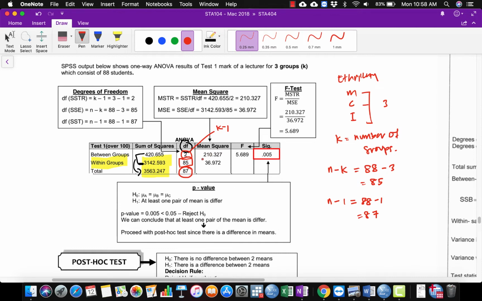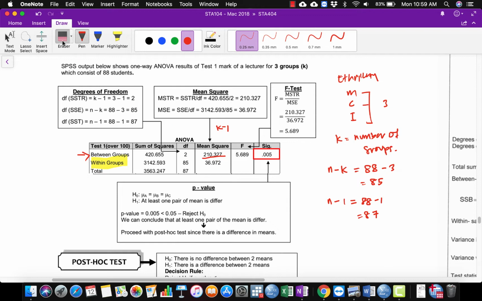And the third column of the ANOVA table is mean square. There is a mean square for between group and a mean square for within group. There is no mean square for total. The mean square is the sum of squares divided by the degrees of freedom, right?